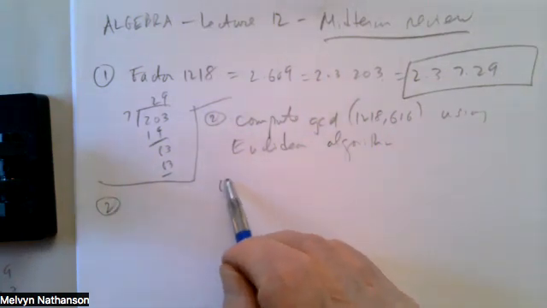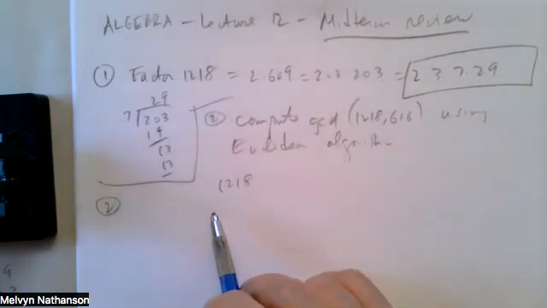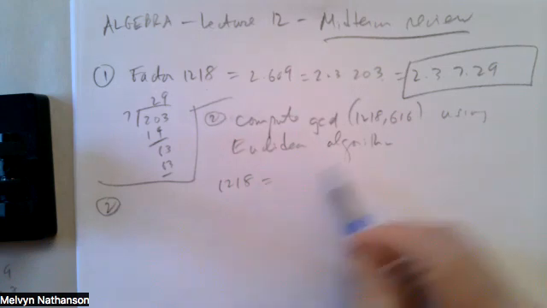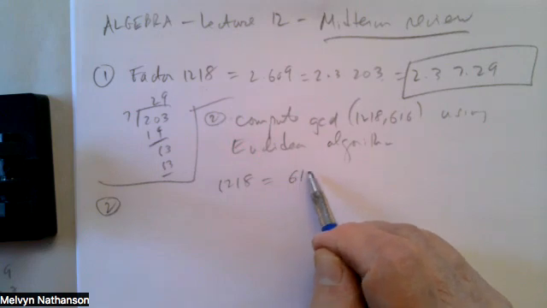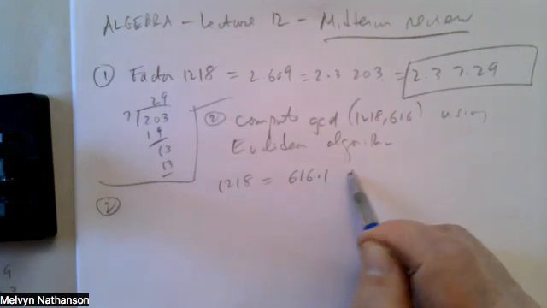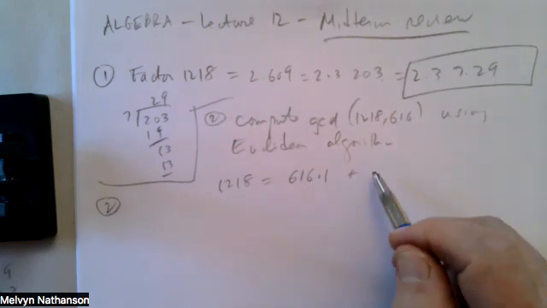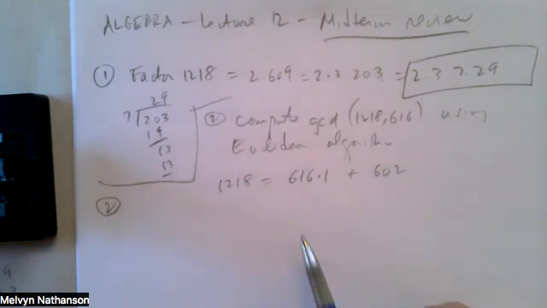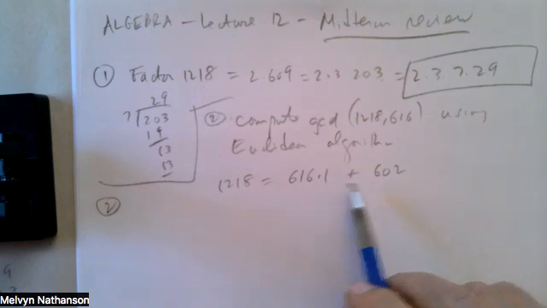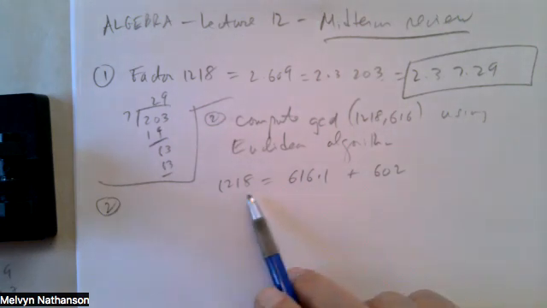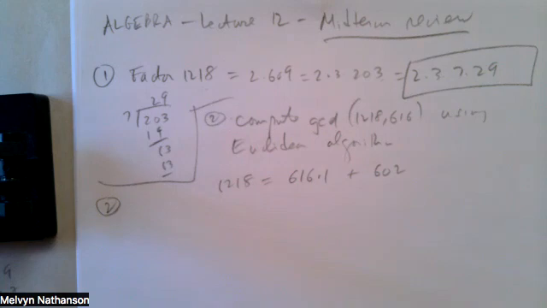So you take 1218, and the first thing you do is divide it by 616. So this is 616 times 1 plus a remainder, I think, of 602. 616 plus 602 is 1218.